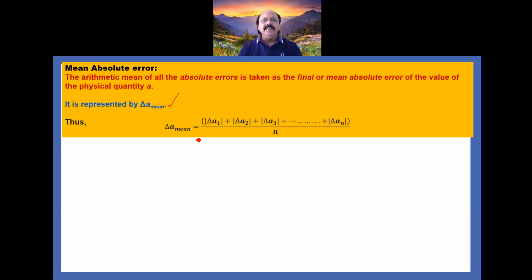Then delta A mean equals, within brackets, mod delta A1 plus mod delta A2 plus mod delta A3 and so on, plus mod delta AN, divided by n. That can also be written in terms of summation: delta A mean equals 1 upon n sigma I equals 1 to n of mod delta AI.